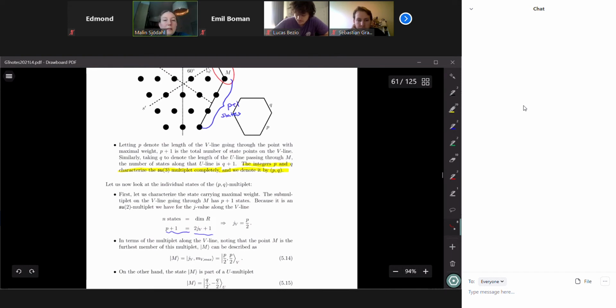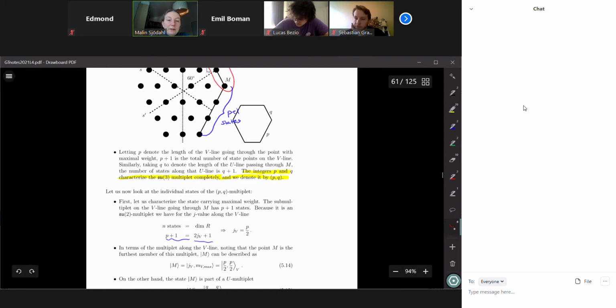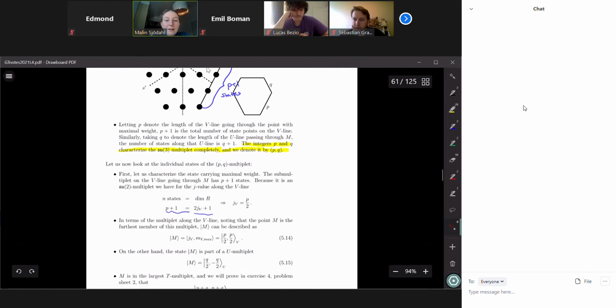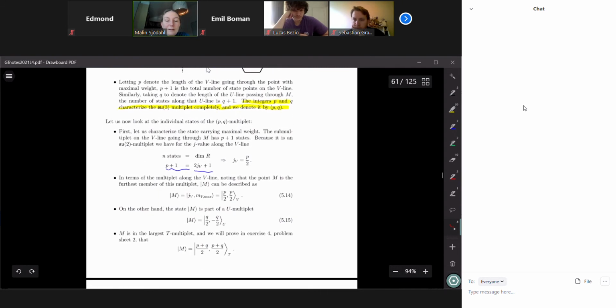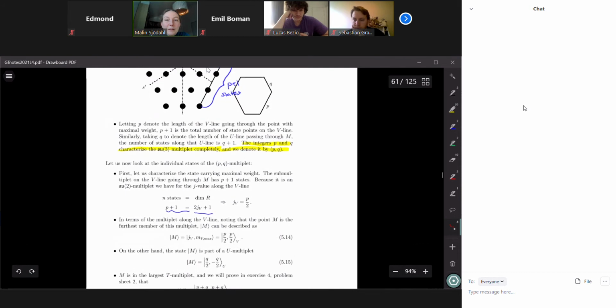We have, for example, that the p plus 1 states here is 2 times some jv plus 1, the j in the v direction. From this we can find jv. That would correspond to the total spin along the v direction, and it is then p over 2. The point is then that the multiplet can be fully characterized by these numbers, by the p and the q.